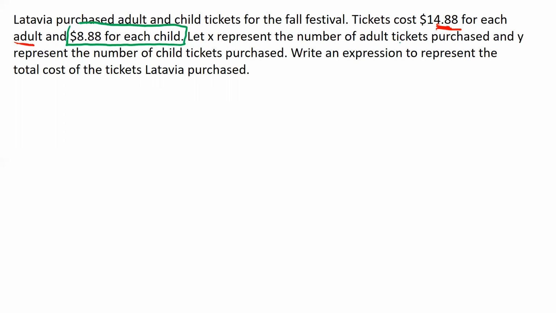Let X represent the number of adult tickets purchased and Y represent the number of tickets that were bought for children. So if I get my colors together, I can keep everything straight.